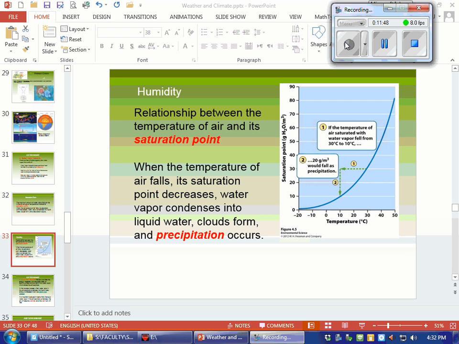Saturation point is related to humidity. So as you reach that saturation point, you have an increase in moisture in the atmosphere, which increases the humidity.